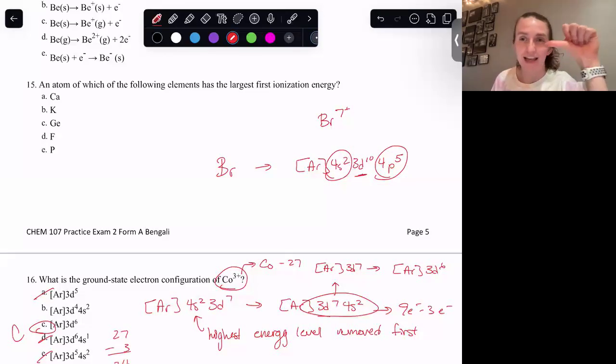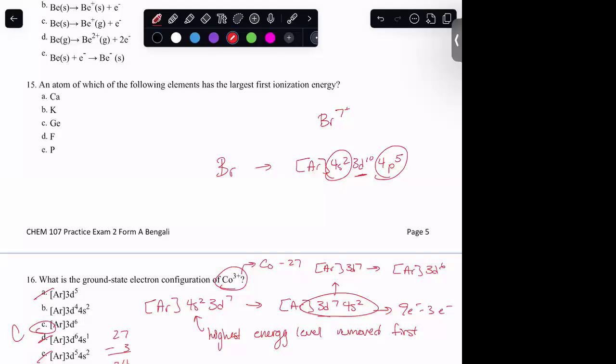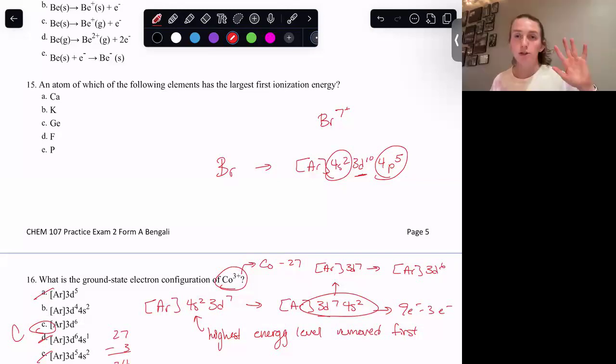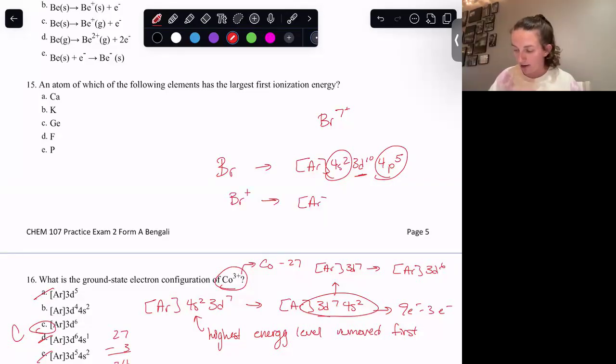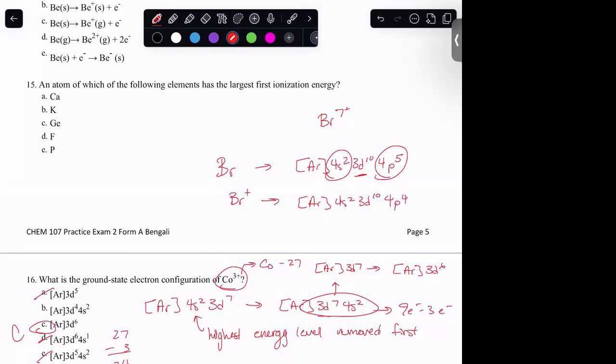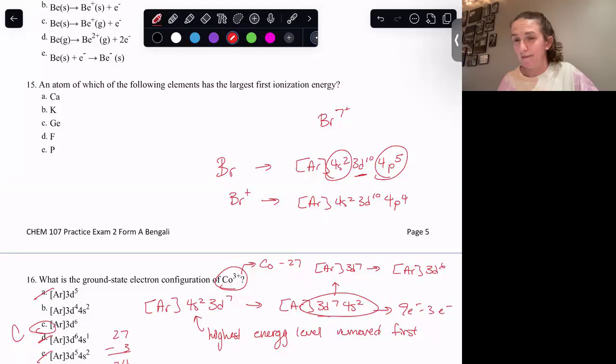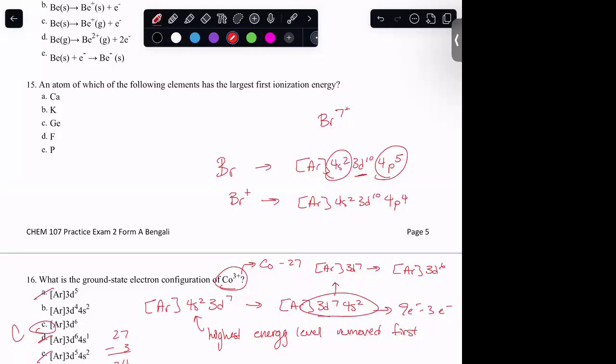S is your lowest energy level or lowest orbital, then P is your next, then D, F. So you want to remove it as F, D, P, S. So bromine plus would be argon 4s2, 3d10, 4p4. You're going to remove from that 4p first. Does that make sense? Yes, I believe so.